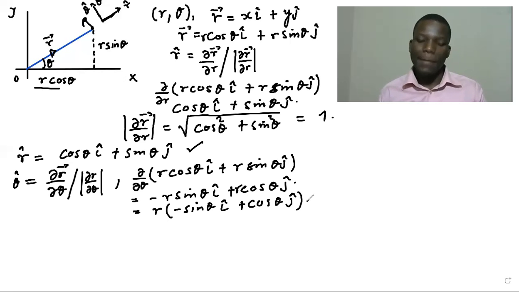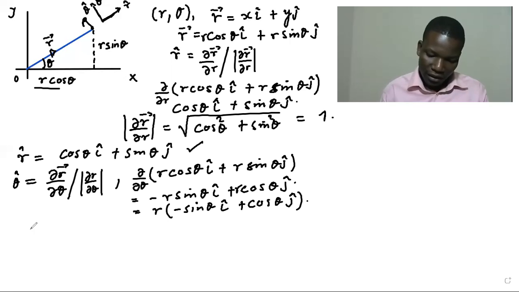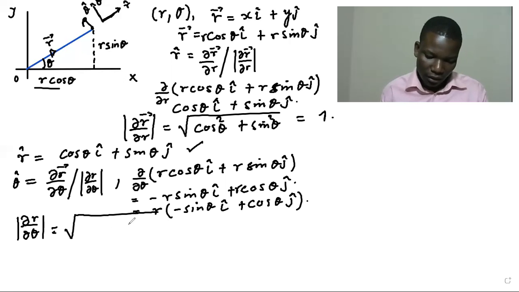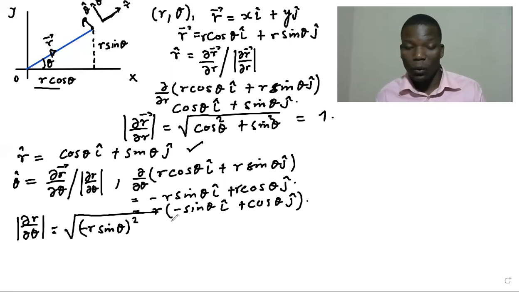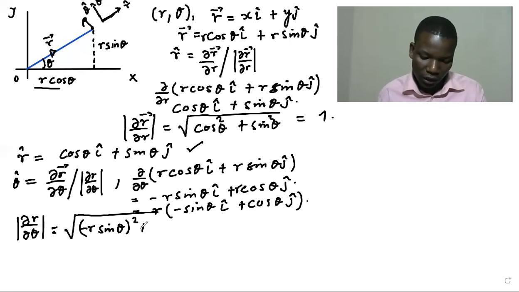Now, what is the magnitude of this change in rotation? We have negative r sin theta, squared. I dot i is 1, that's why I'm not including it. And then we have r cos theta, which is also squared.